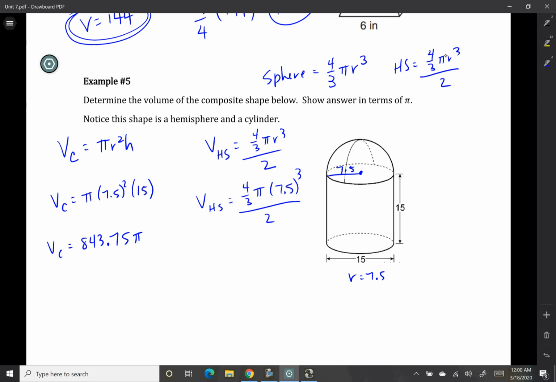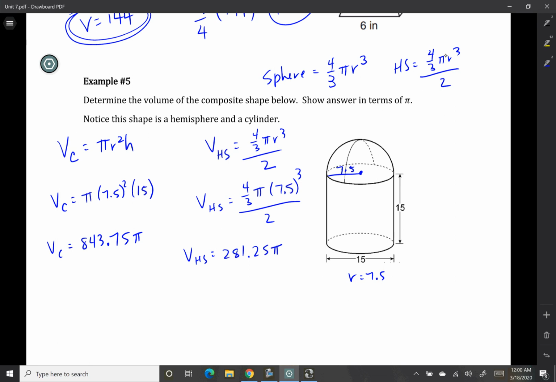So then if I divide that by 2, I get a volume of a hemisphere of 281.25 pi. Again, it's in terms of pi, so I'm typing everything in but pi. So how I type that in one more time for you is I typed in 4/3 times 7.5 cubed. I hit enter. Then I hit divided by 2 to divide the previous answer by 2, and that's where the 281.25 came from.